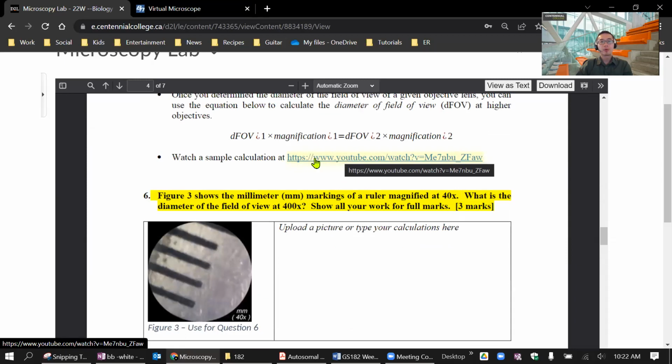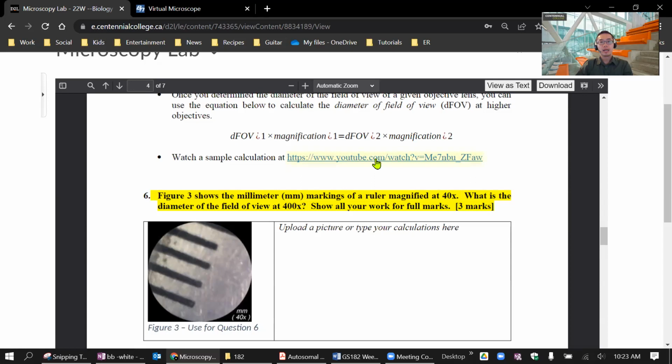Many people copy exactly what's in the sample calculation and put it right here, and it's going to be wrong, because this is a different question. The calculations will be the same, but the numbers that you use will be different. So please pay attention to that. You can watch how to do the calculations, but when you actually sub in the numbers, make sure you're using the right numbers, based on this particular question.